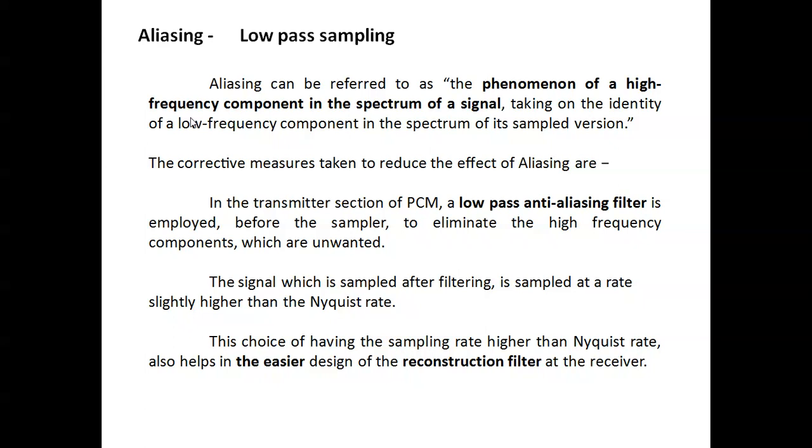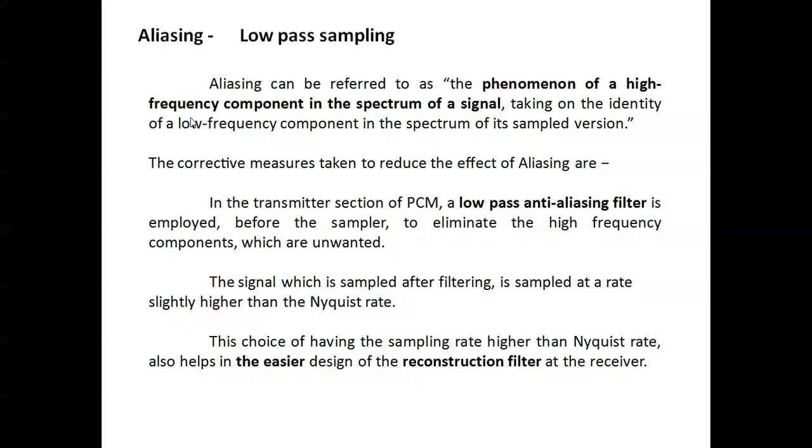We call it a low pass anti-aliasing filter because it allows only the low frequency component and eliminates the high frequency component, which is the aliasing. So to avoid aliasing, we employ a low pass anti-aliasing filter on the transmitter side.